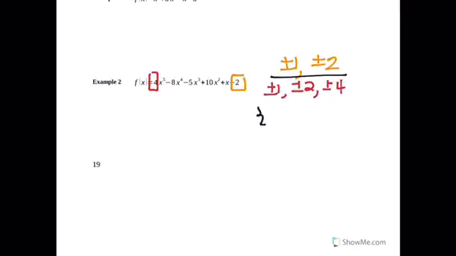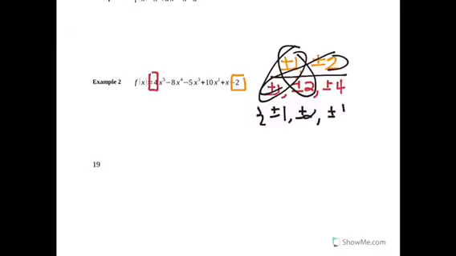So our list is going to be plus and minus 1, plus and minus 2, plus and minus 1/2, plus and minus 1/4. We don't have to check 2 over 2 because that, again, is just equal to 1. We already have that number in our list, and we don't have to check 2 over 4 because we already have that in our list. That's the root 1/2.